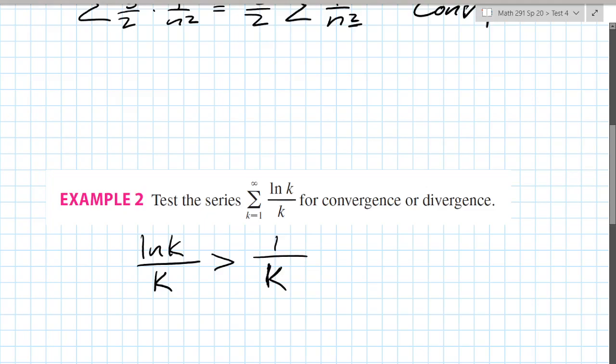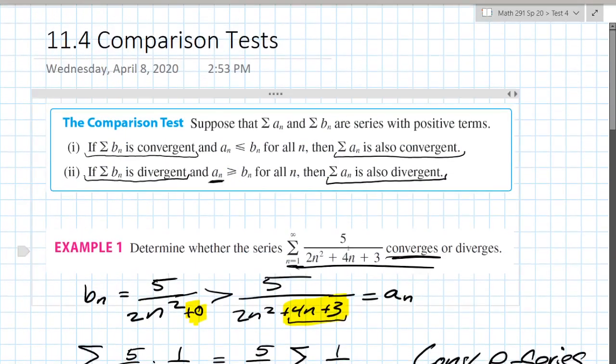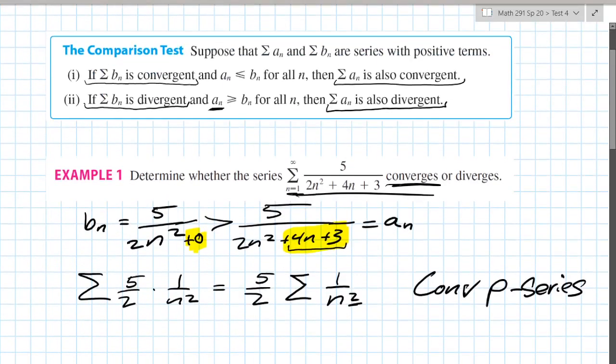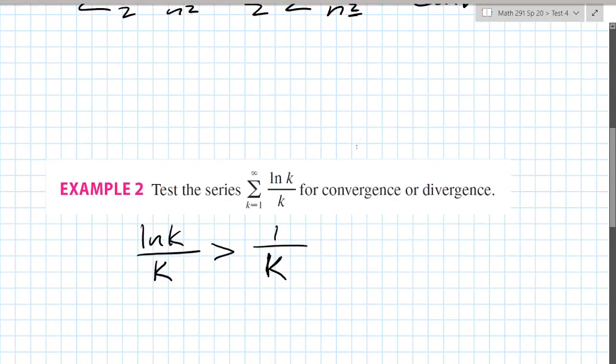Think about the values for ln of k. k is 1, 2, 3, and so on. Just a reminder, when we say this is a series with positive terms and one is bigger than the other, really we only care about the large values of k, or the tail, you could say.